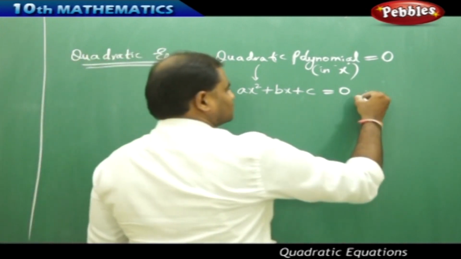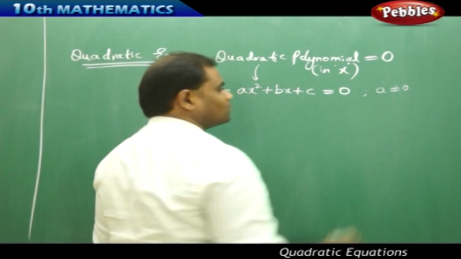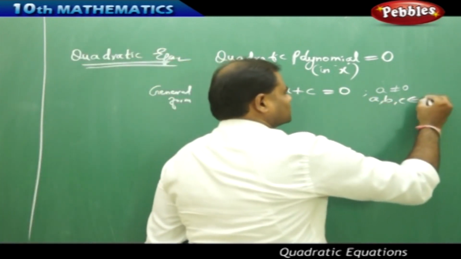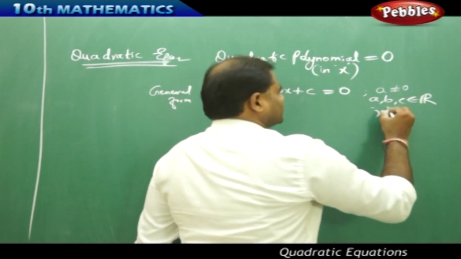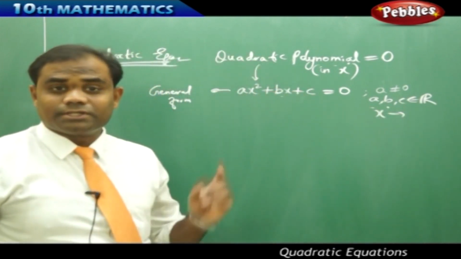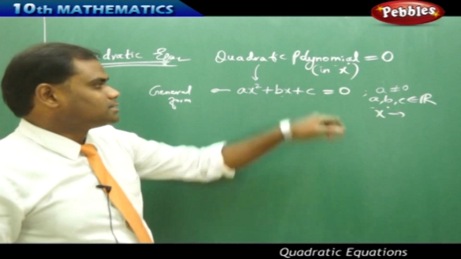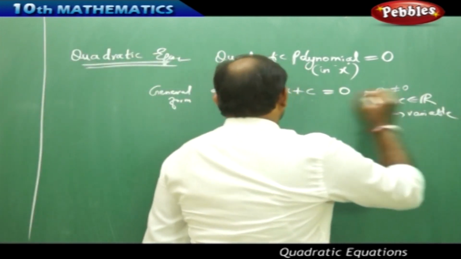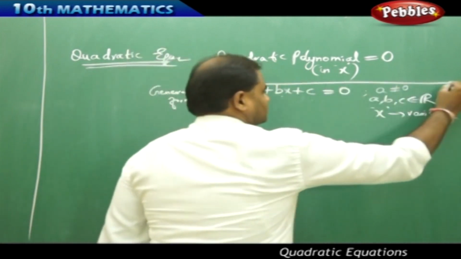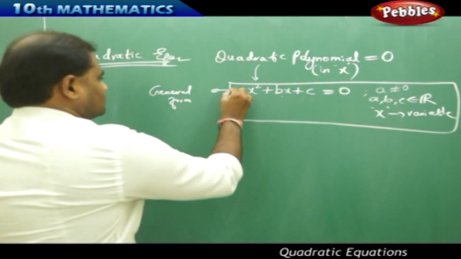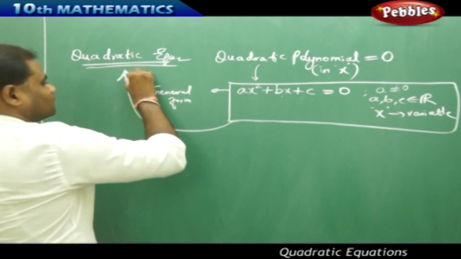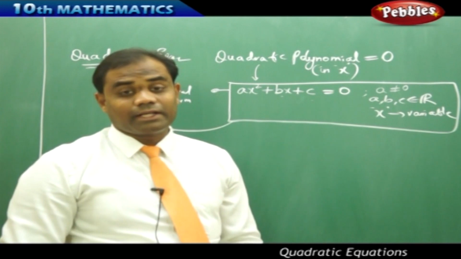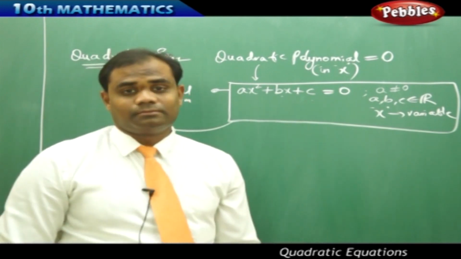The condition here is that a is not equal to 0, and each of a, b, c are real numbers, and x is the unknown, which is the variable. This is the basic definition of a quadratic equation in x in general form.